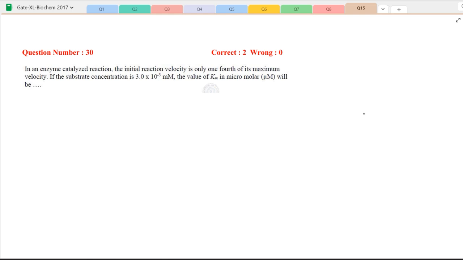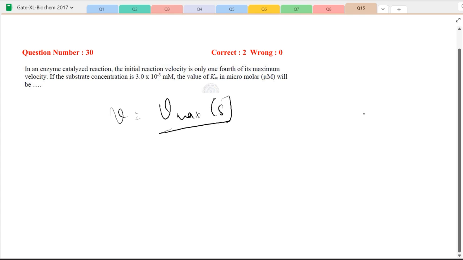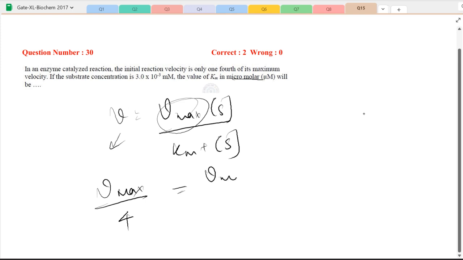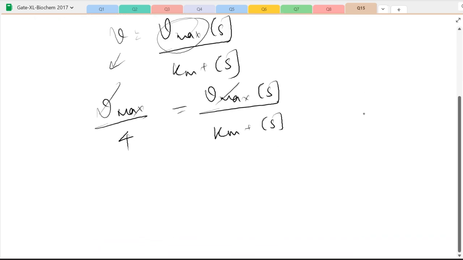So this is a Michaelis-Menten's kinetic equation, that is V equal to V max into substrate concentration divided by Km plus S. So here they have given that this V, which is the initial reaction velocity, is 1/4 of the maximum, that is V max. So substituting V equal to V max by 4 will be equal to V max into S divided by Km plus S. Cancelling V max on both sides, which is mathematically possible.